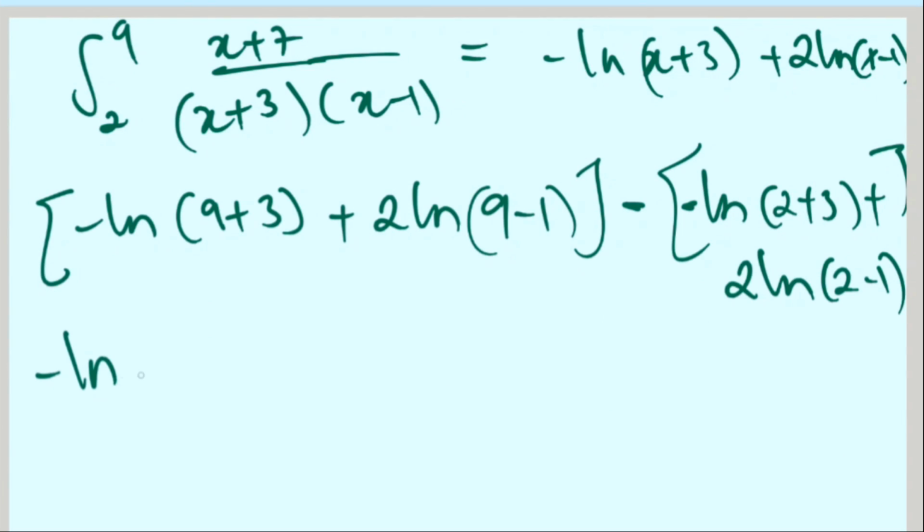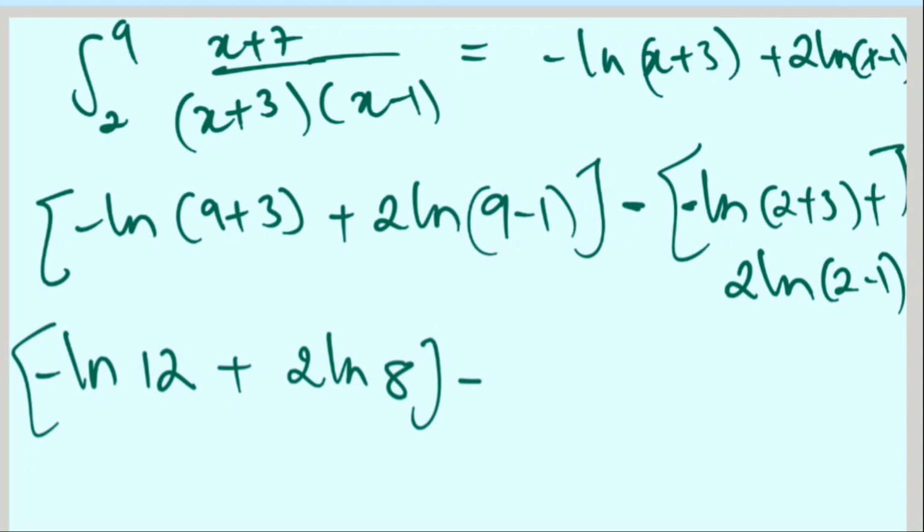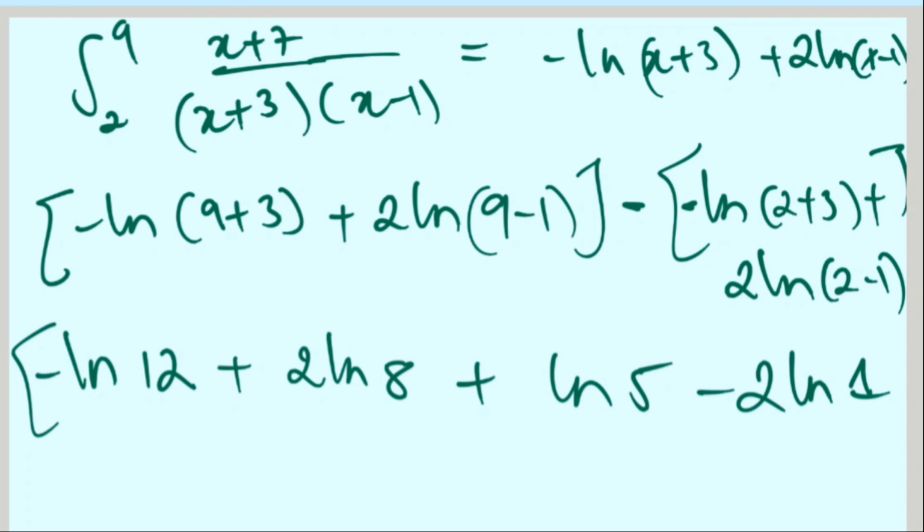This would be negative ln 12 plus 2 ln 8 minus negative ln 5. So if I'm expanding this, I'm just going to put the resulting sign, so minus minus makes a positive. We have ln 5 minus 2 ln 1.